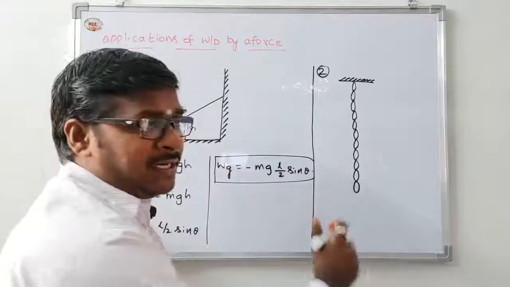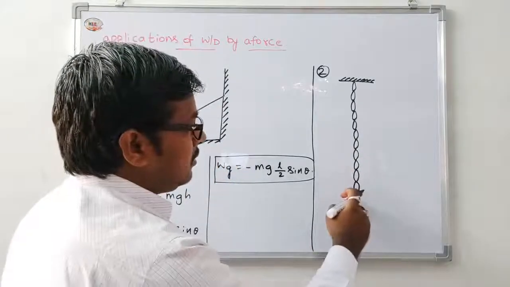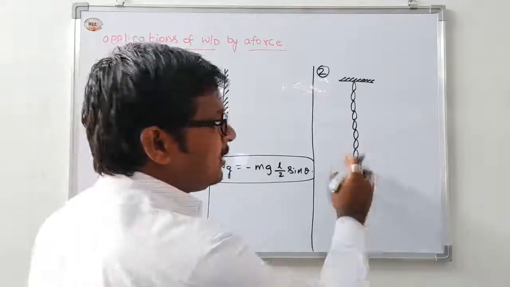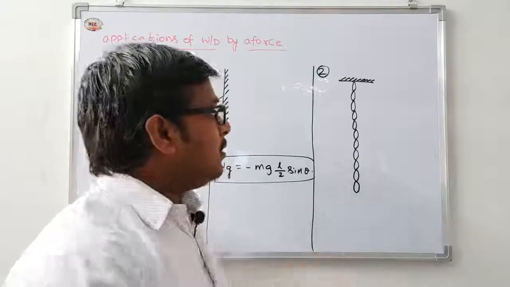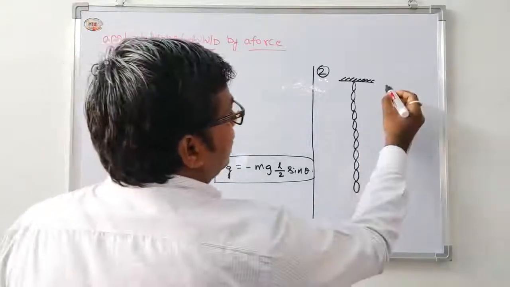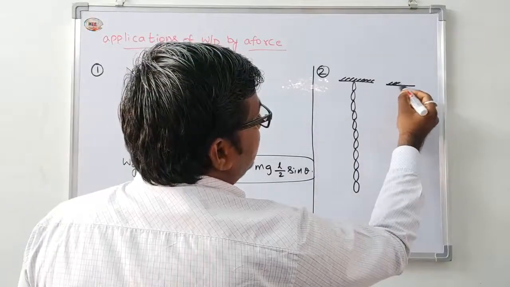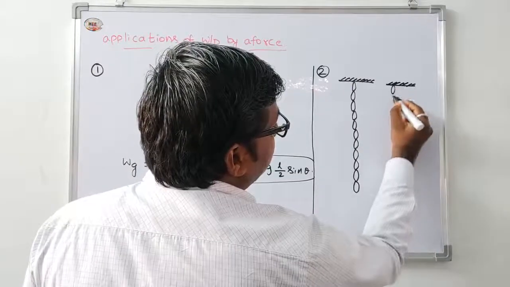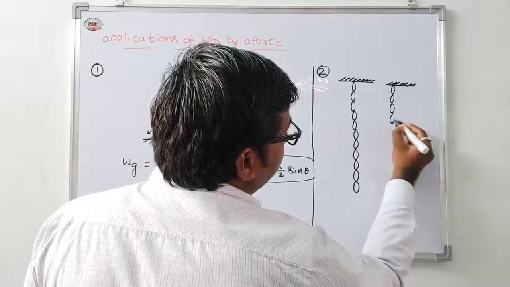The lower end of the chain is lifted up to the point of suspension in this way.